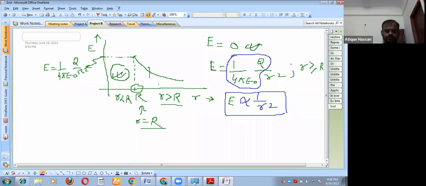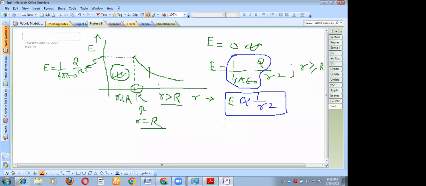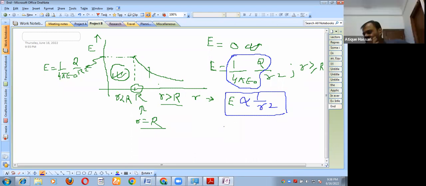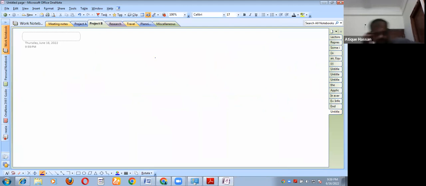Now here we have E inversely proportional to R. So let me give you some idea about graphs first. Generally, when I start a class, I usually teach basic mathematics, and in that class I explain about graphs.